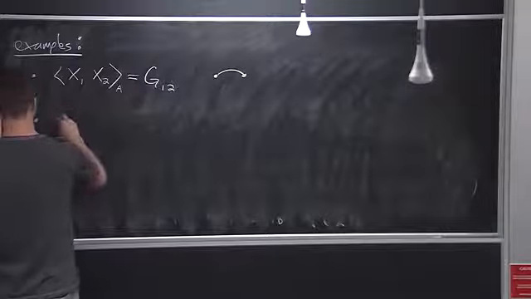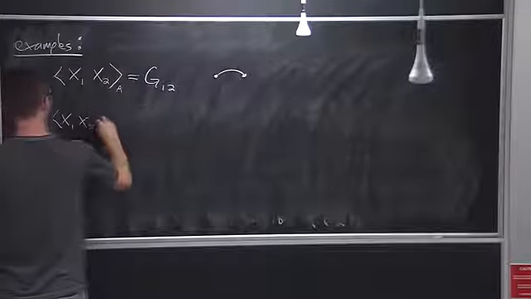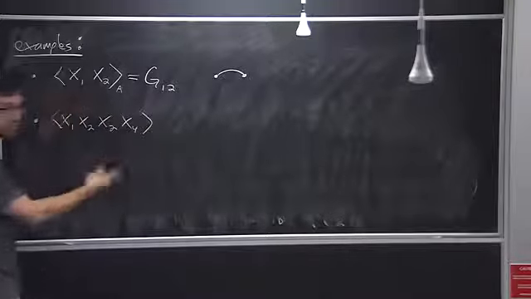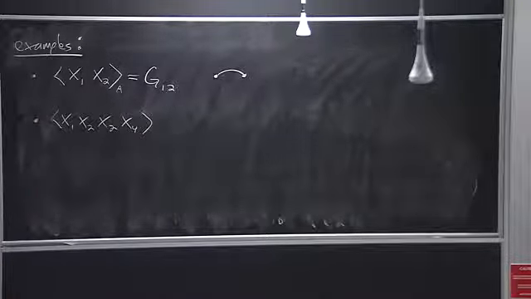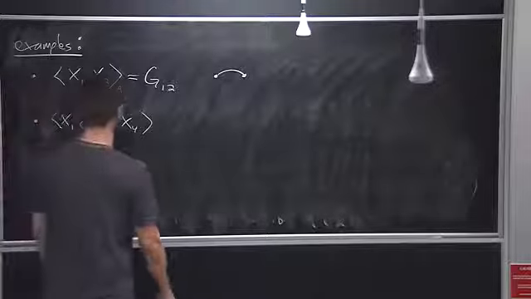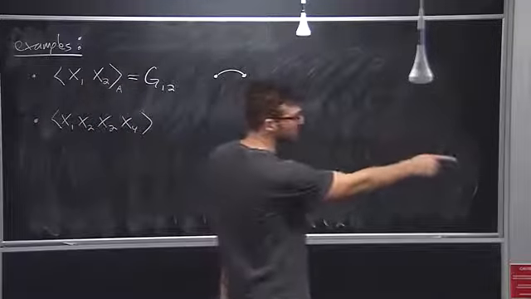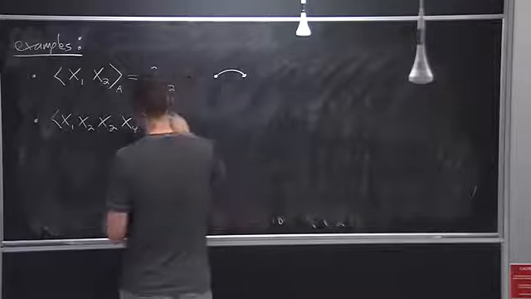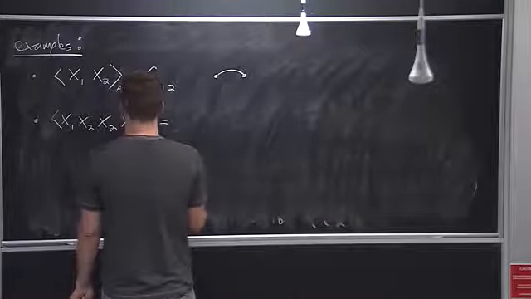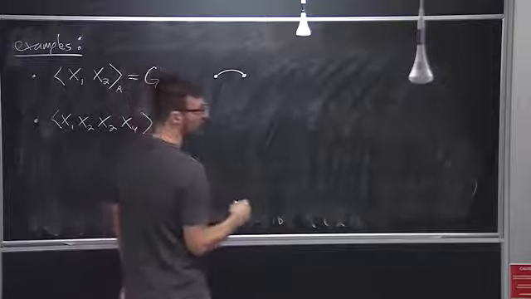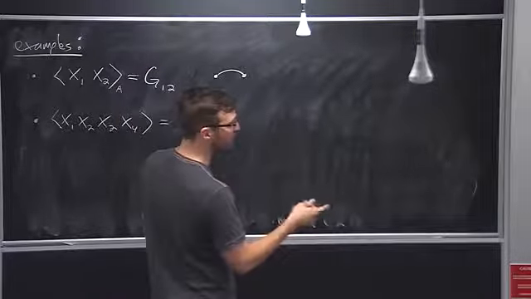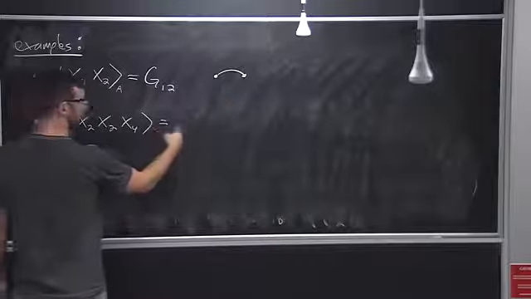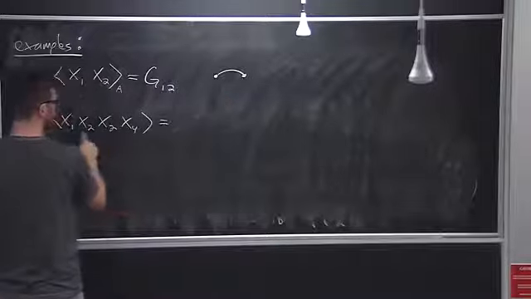And then once you go to higher order correlation functions, or larger numbers of variables in the expectation value, then you start using this sum over all possible pairings. Okay, so remember there's n over 2 elements in each pairing.